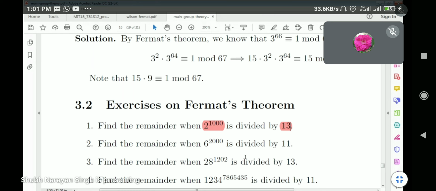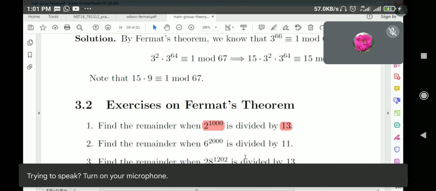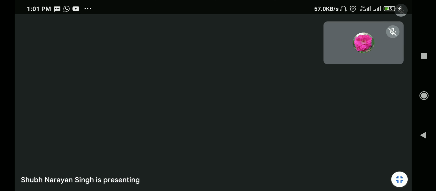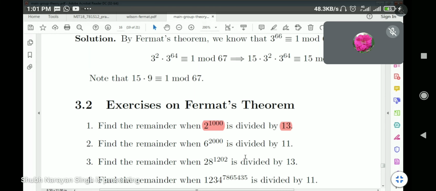And 16 is congruent to 3 modulo 13. So that means your answer is 3. I am reading out the solution of Anil Gupta, whatever he posted, and I think the answer is correct. If anyone has a doubt, you can comment on this.